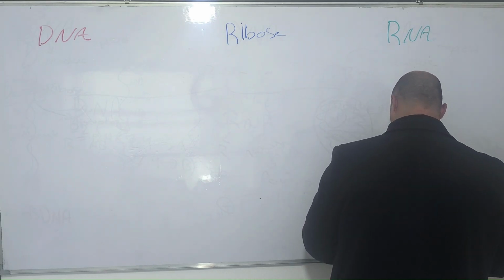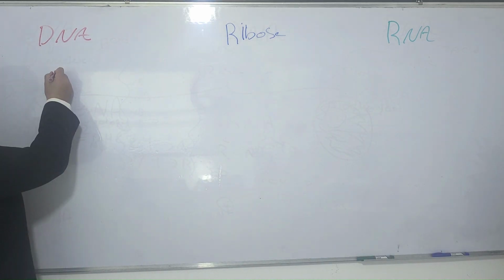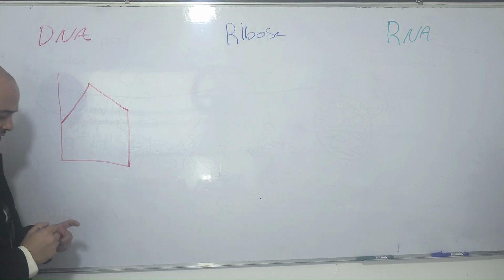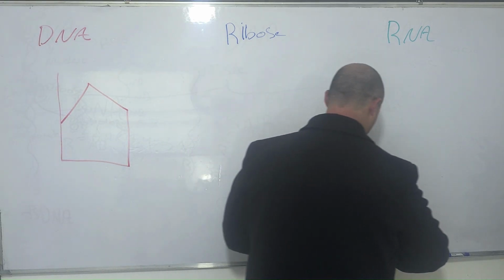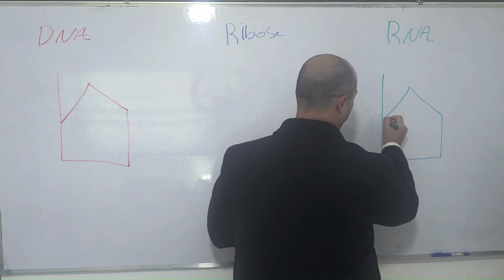Now, I'm going to draw both pentose sugars. I'm going to tell you why we call them pentose. I'm going to ask you, what difference do you see in them?